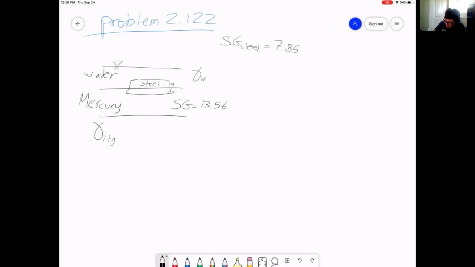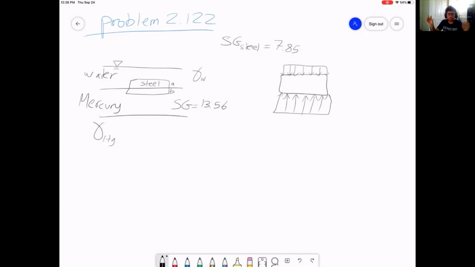So let's take this block right here. What's the pressure distribution from water? It looks something like this, a rectangular pressure distribution. From the bottom of the block you have a greater pressure, also rectangular, but much greater because once you go deeper in the fluid, you have more pressure.